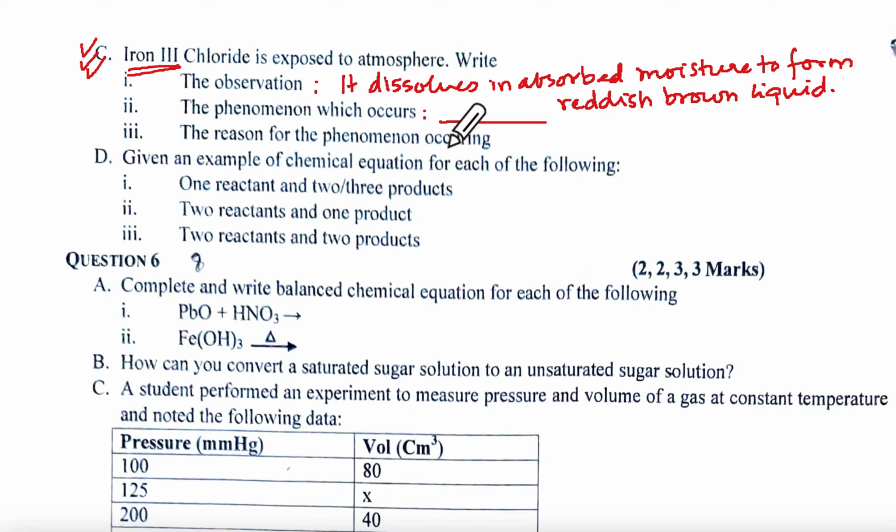Now, complete and write the balanced chemical equations. So, PbO. This is acid and base, salt and water. So Pb will take NO3. Correct? So I'll write 2 here. And what will I get? Now, what will I get over here?